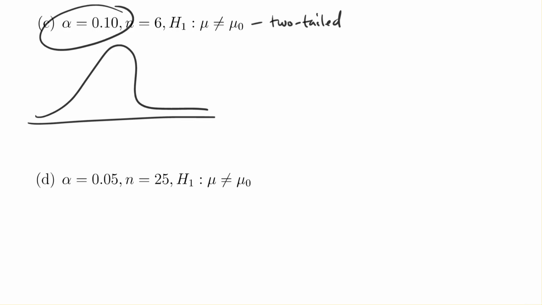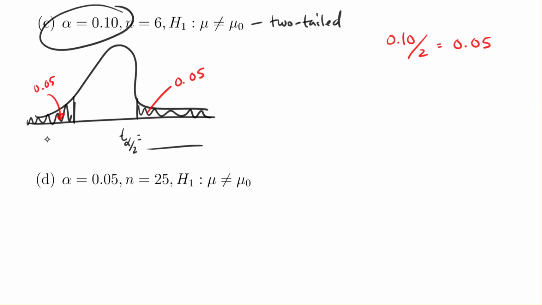Now this alpha, since I've got two tails, the area is split equally between two regions, area before, area after. So if I have to distribute this 0.1 into two regions, that gives me that both regions have an area of 0.05. And specifically, whatever this T alpha over 2 is, then this will just be negative T alpha over 2.